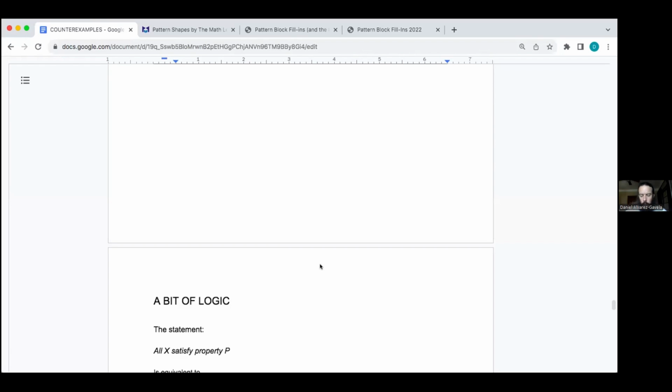One of the common statements that we have been examining is a statement of the form, all X satisfy property P. Or if I want to be even more succinct, I could write this as all X satisfy P.